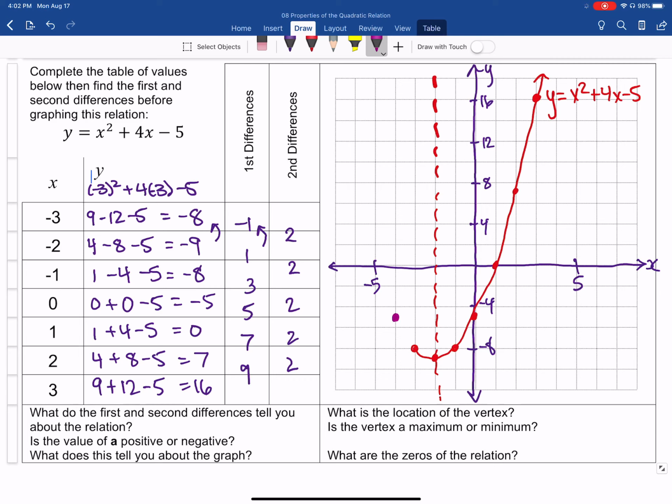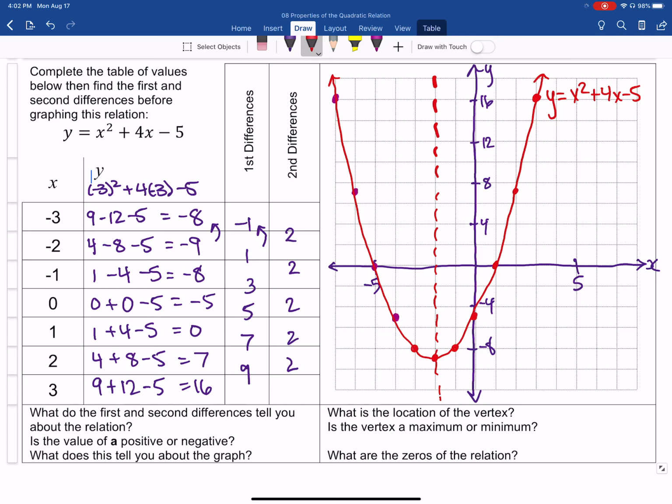I'm just doing a different color just to show you that I'm adding it there, there, and then there. And you can see that it's mirrored, right? So if I connect it, it actually looks like a parabola. So the purple ones I added just to show the symmetry of our parabola.